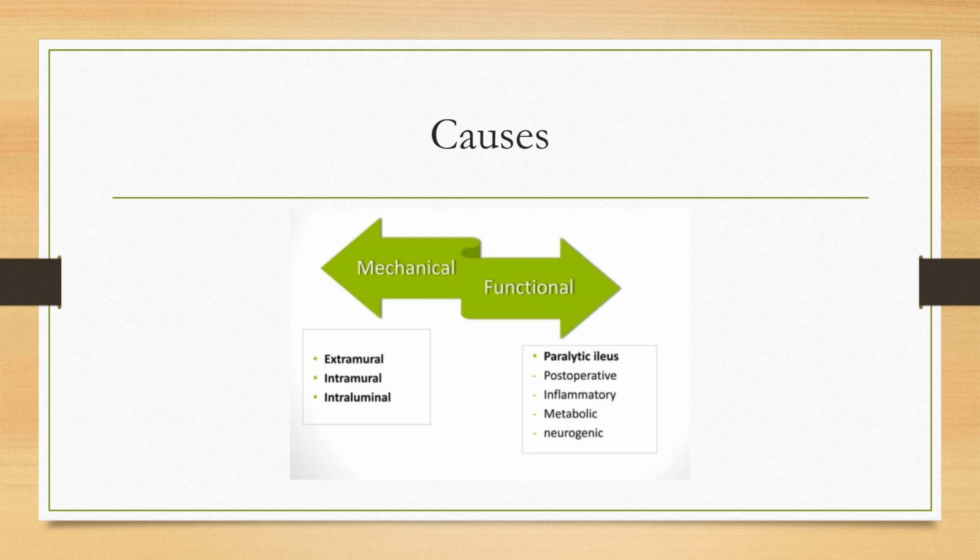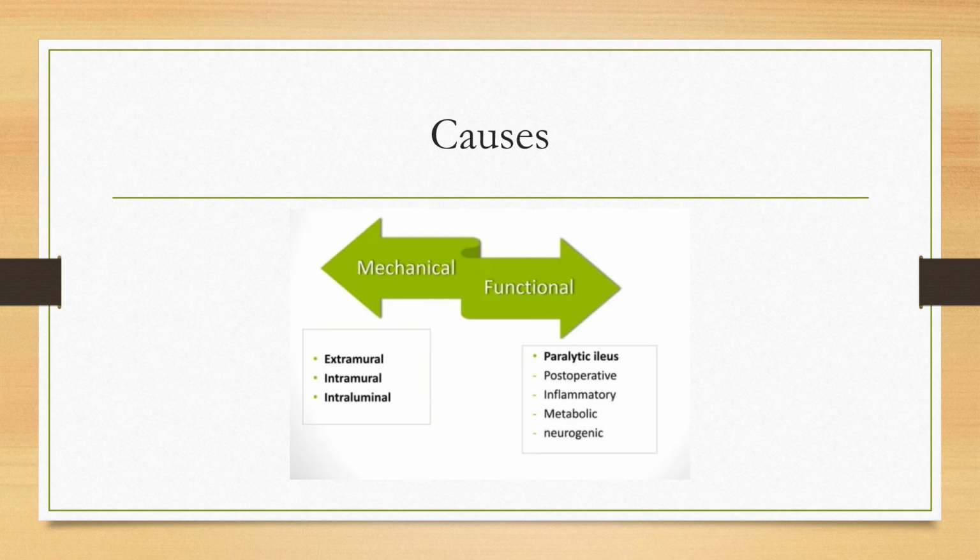Now the causes of obstruction. We will divide the causes into the mechanical and the functional causes. The mechanical causes, which are the dynamic obstruction causes, include the extramural, intramural, and the intraluminal obstruction. Extramural are those which are outside the bowel wall or the lumen.